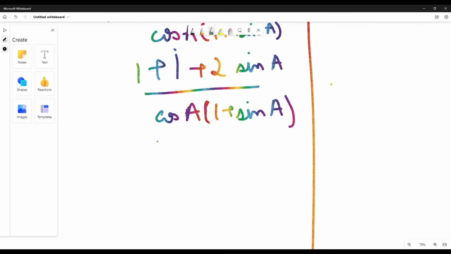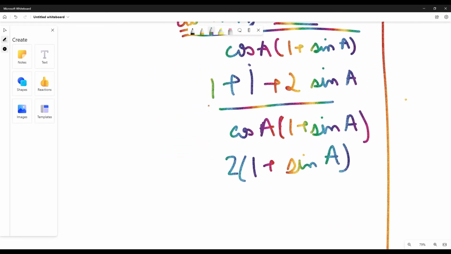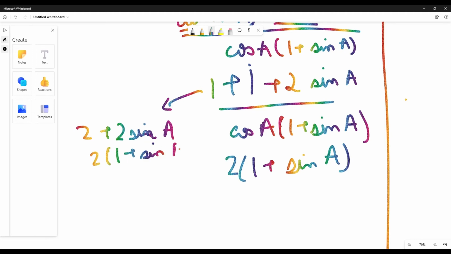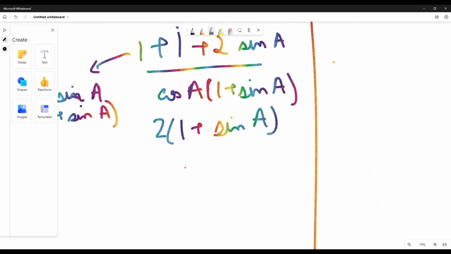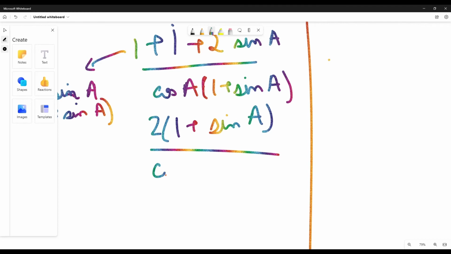Continuing, I think we can just directly take common, no need to write the whole expression again. It's visible to everyone. Why did I do this directly? Basically, that is 2 plus 2 sine A, and 2 common is 1 plus sine A. Just continuing this, it is now totally visible that they are getting cancelled.